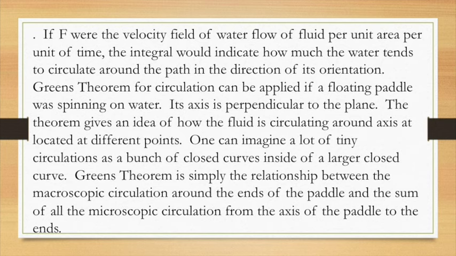Now we can use this to represent the circulation of F around C. If we were to take the velocity field of water flow of a fluid per unit area per unit time, the integral would indicate how much the water tends to circulate around the path in the direction of this orientation. Green's theorem for circulation can be applied if a floating paddle is spinning in water.